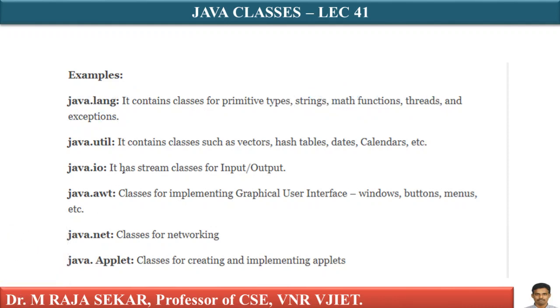Java provides a large number of classes, but they are grouped into different packages based on their functionality. The java.util utility package contains vectors, which I will discuss later. It contains hash tables, dates, and calendars. java.io: IO means input output.